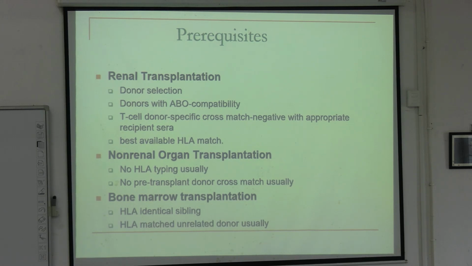And for non-renal organ transplantation, that is, if any transplantation other than kidney is done, HLA typing is not done usually and no pre-transplant donor cross-match is done. And for bone marrow transplantation, usually we take HLA identical sibling or HLA matched unrelated donors.